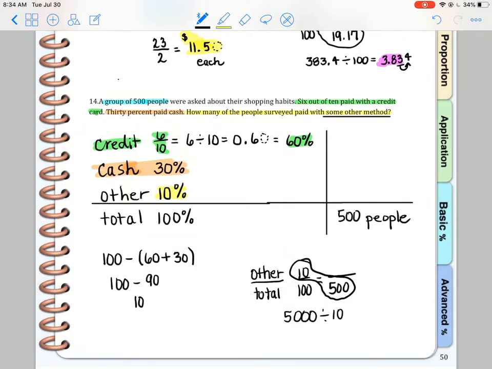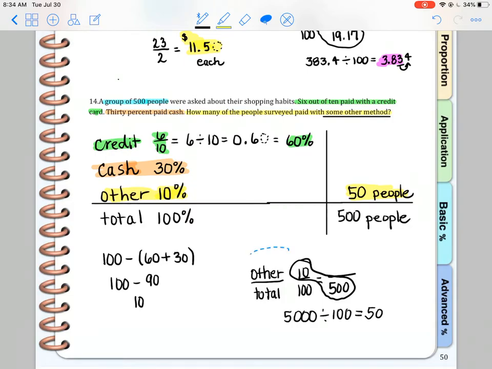Divide that by 100, and you will get 50 people. So the answer that we're looking for is right there, 50 people. How many of the people surveyed paid with some other method? It was 10% or 50.